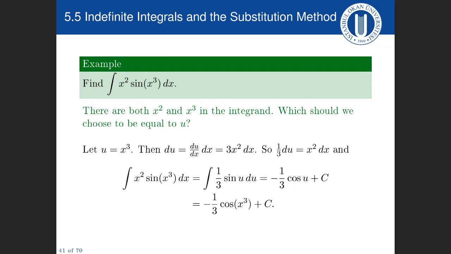We replace the x³ by u, and we replace the x² dx by 1/3 du. And then it's easy. Minus 1/3 cos u plus c. Replace the u by x³. We get the final answer: minus 1/3 cos x³ plus c.